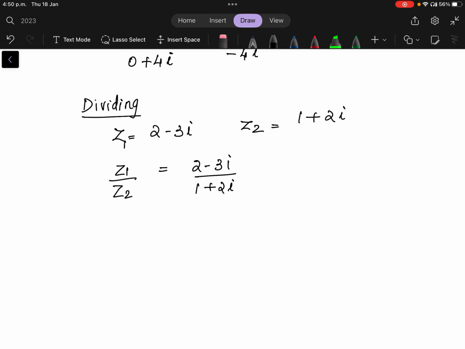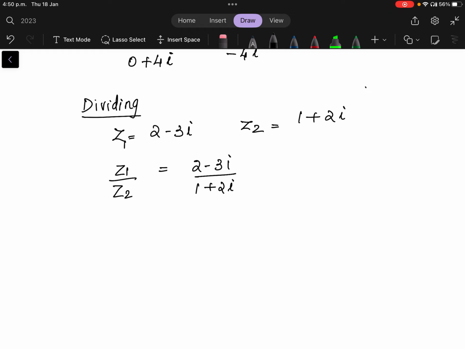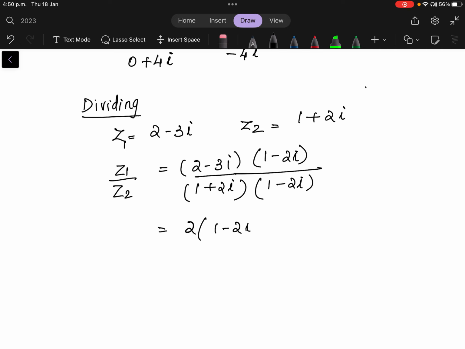In this case, you multiply the numerator and the denominator with the conjugate of the denominator. The conjugate of the denominator is 1 minus 2i. So you multiply the denominator and the numerator with the same conjugate. The numerator will become 2 into (1 minus 2i) minus 3i into (1 minus 2i).